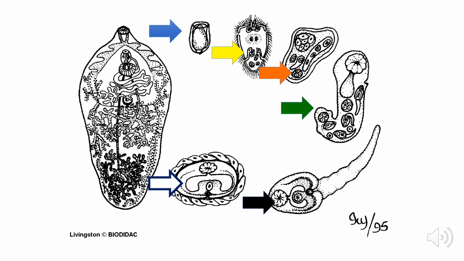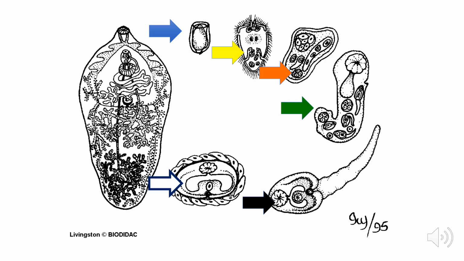So, orange is sporocyst because you don't have there the oral sucker, while green arrow is a rediae because it has an oral sucker and it is designed to feed. And another thing is, inside the rediae, you have their developing tailed stages we call the cercariae.